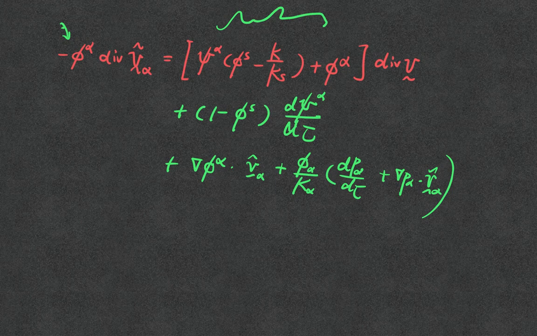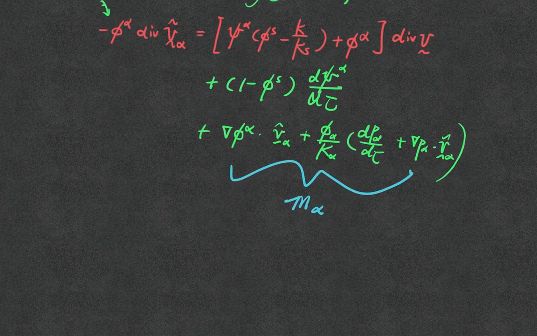Now in general, we would group all those terms here and call it just a mass term m alpha, and then I would use some derivations on this term to simplify.